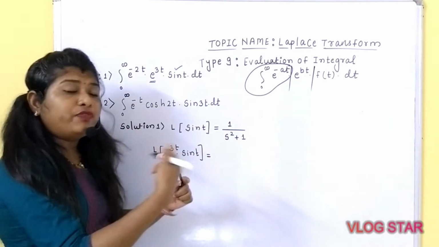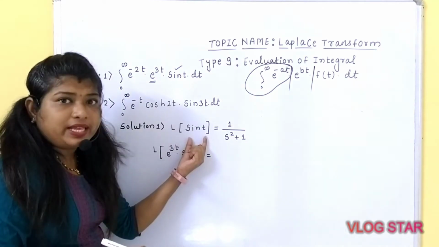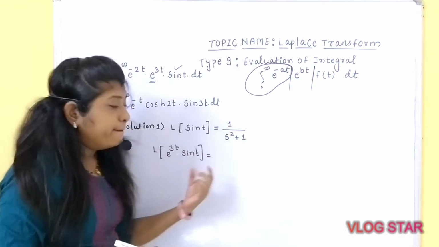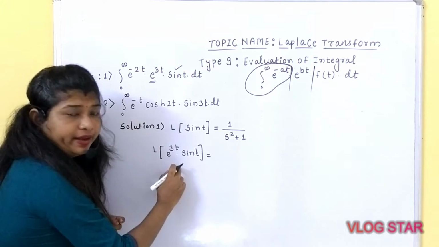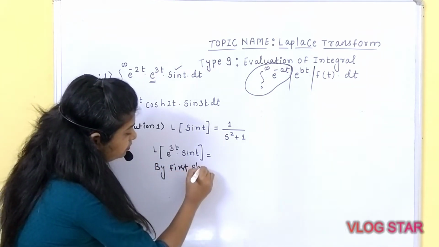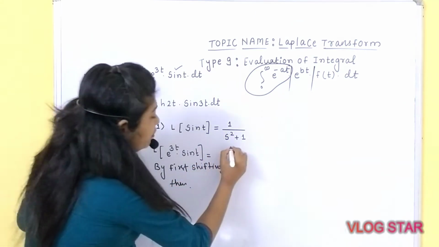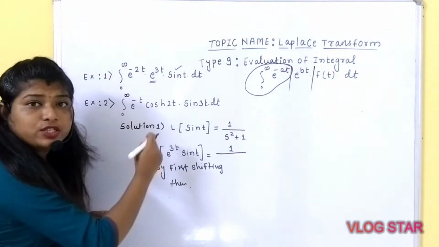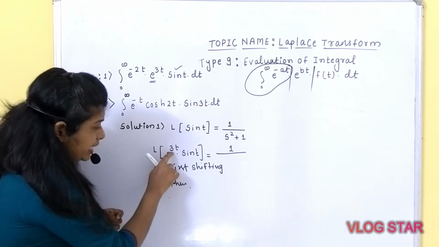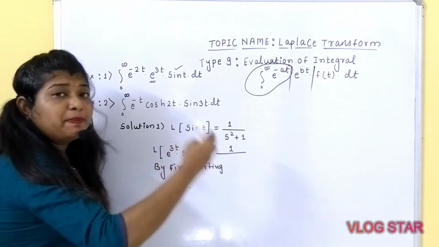How are you going to find Laplace of e raised to 3t sin t? Already we have done with this. Laplace of sin t is equal to 1 upon s square plus 1. But by the first shifting theorem, if it is e raised to 3t, you have to replace s by s minus 3.